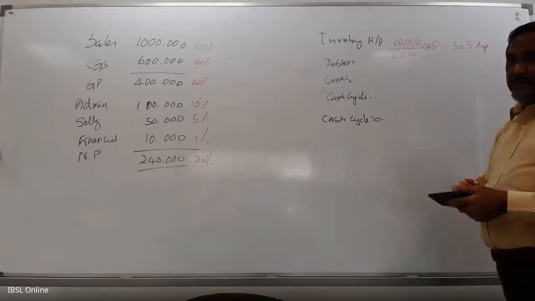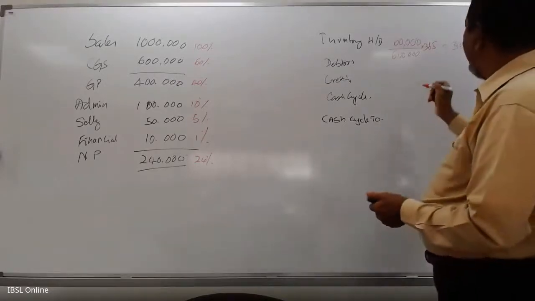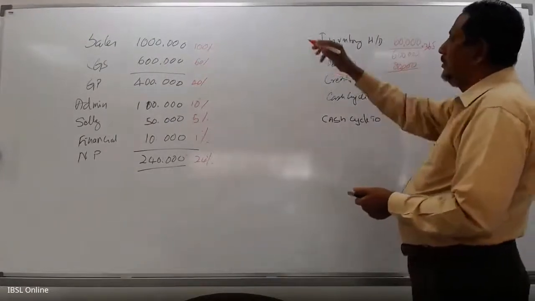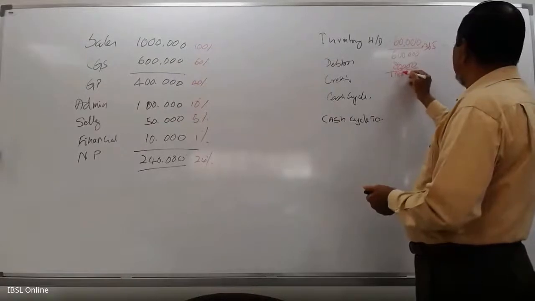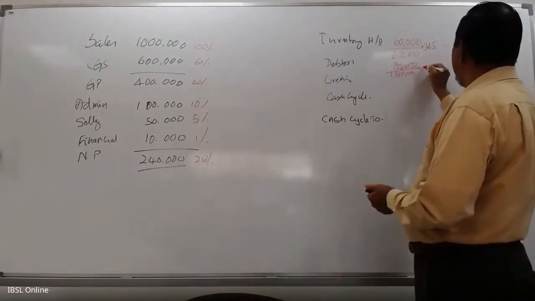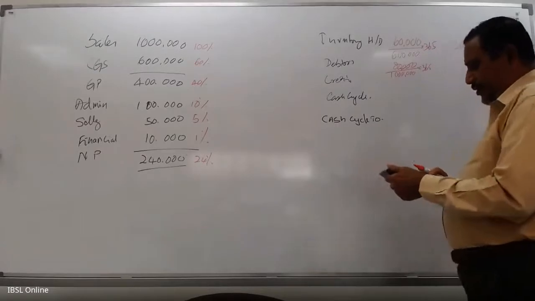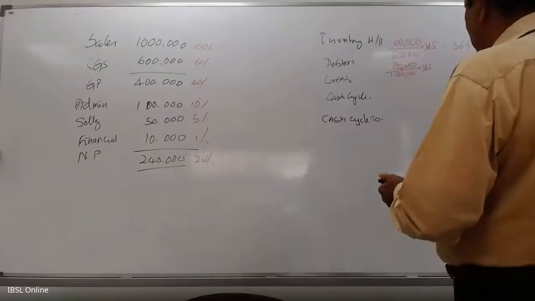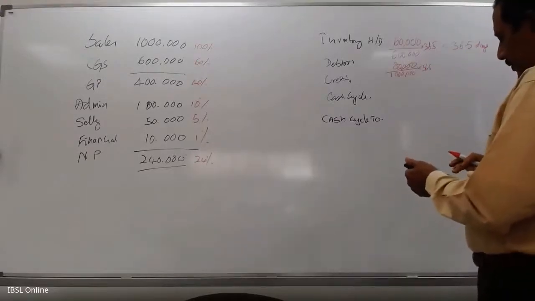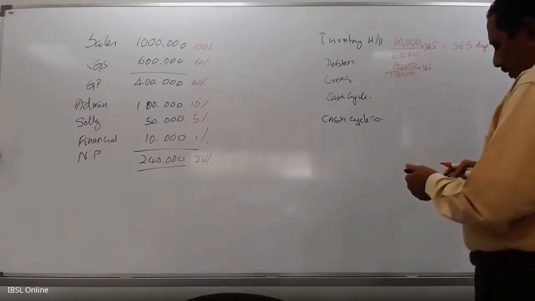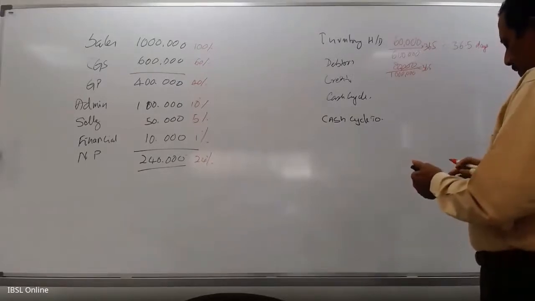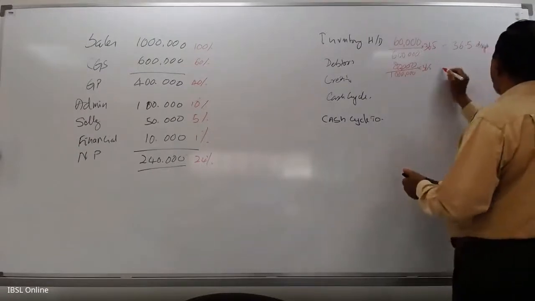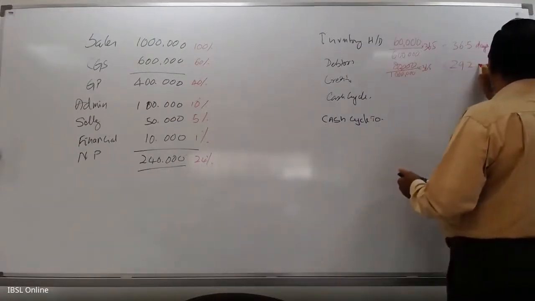Debtor collection period: debtors 80,000 divided by sales of 1 million, into 365 days. Since you don't have credit sales, you take the total sales. 80,000 divided by 1 million into 365 days is 29.2 days.